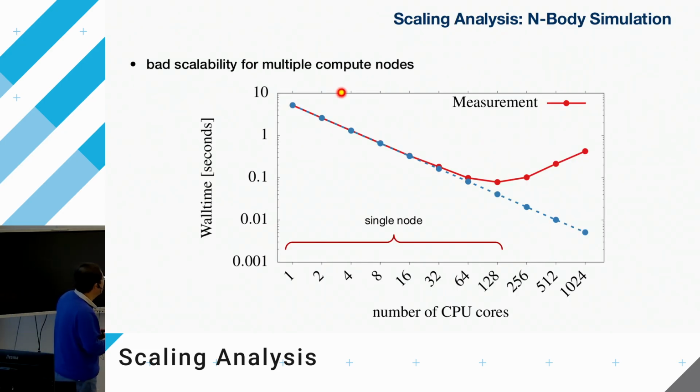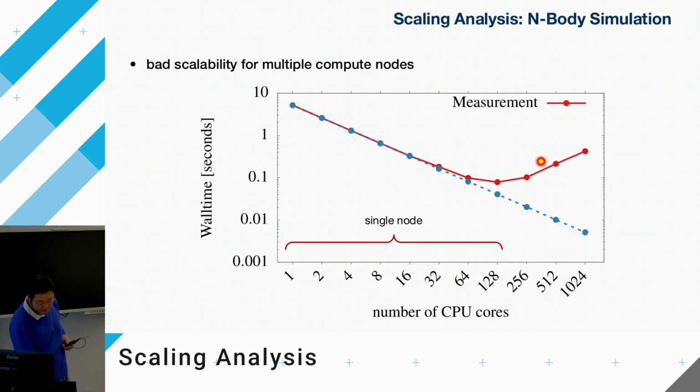So the ideal situation is, with more and more CPU cores, as you can see here, 1 CPU core to 1000 CPU cores, we are expecting this blue line, right? With continuously decreasing computation time or wall time. But in reality, our measurement gives us something like this, right? With 1000 CPU cores, the calculation becomes even slower than, I don't know, maybe 8 CPU cores.